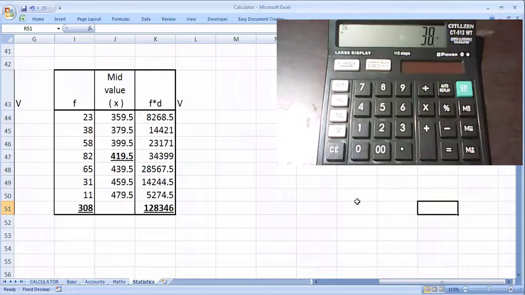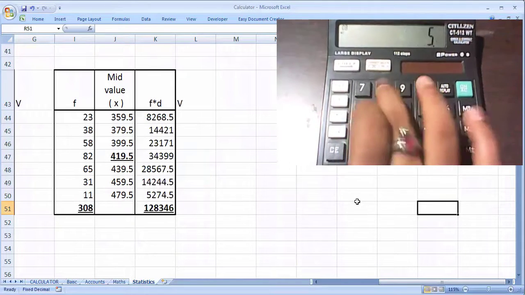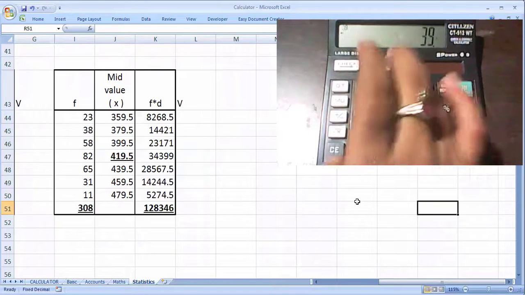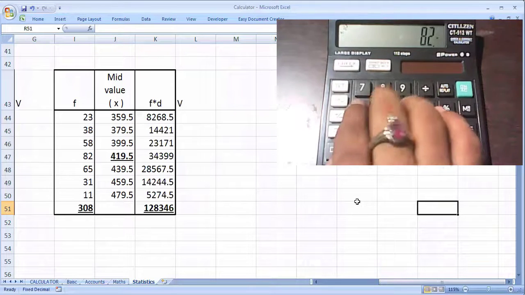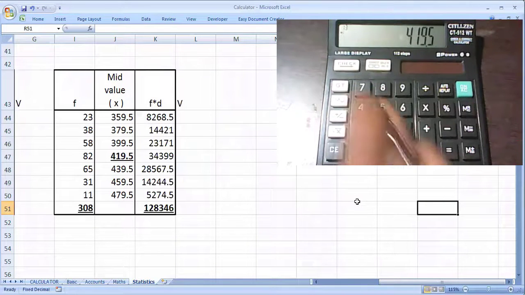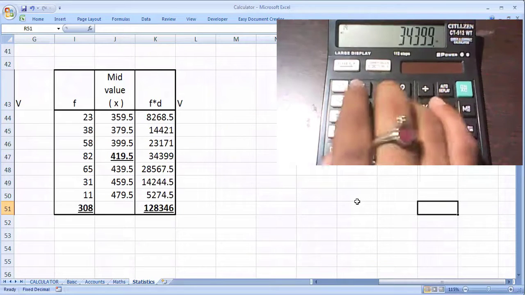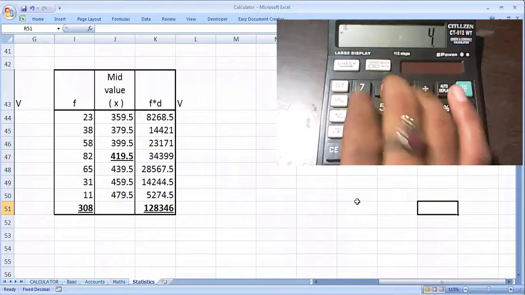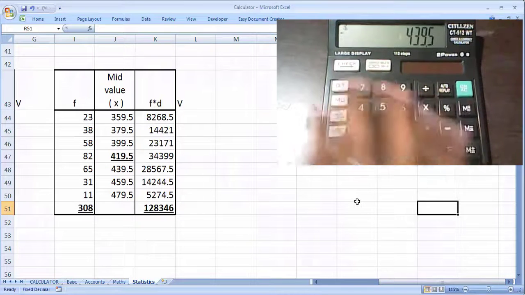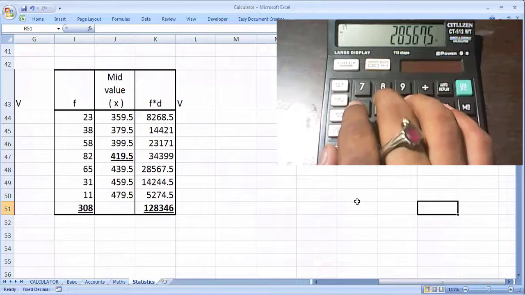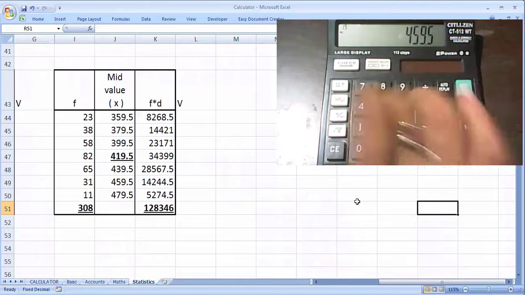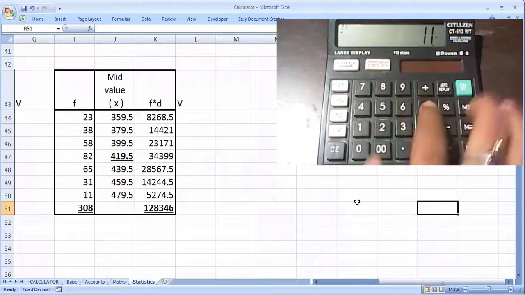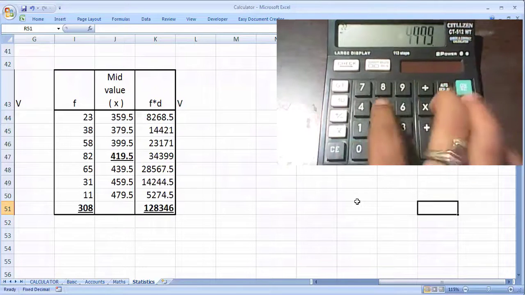38 into 379.5 M plus 58 into 399.5 M plus 82 into 419.5 M plus 65 into 439.5 M plus 31 into 459.5 M plus 11 into 479.5 M plus.